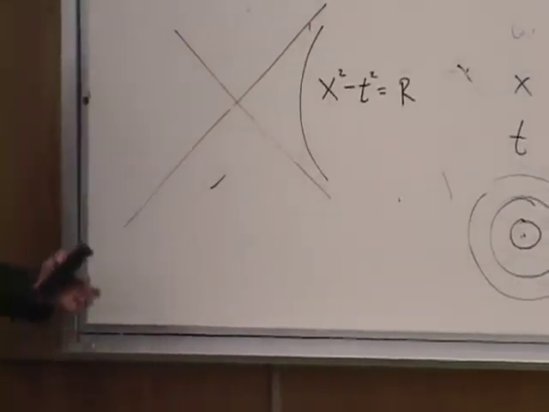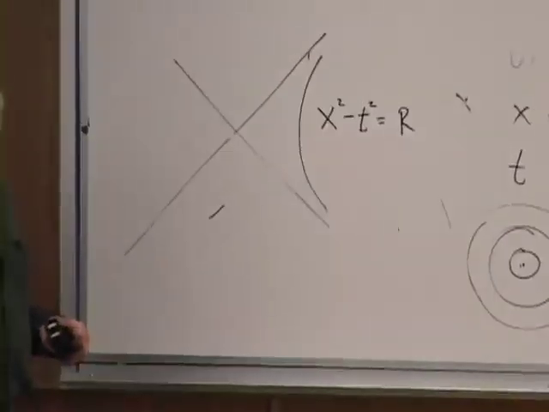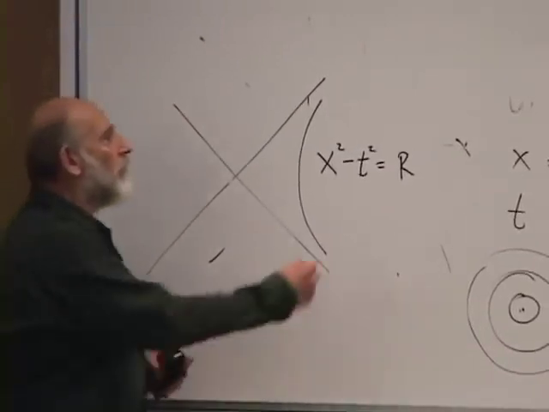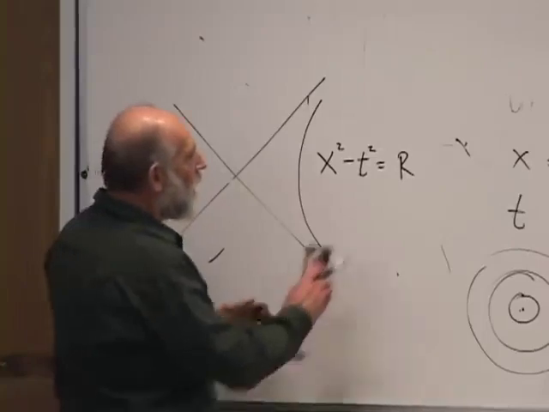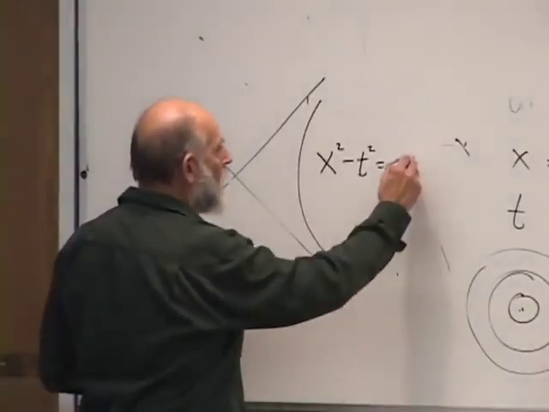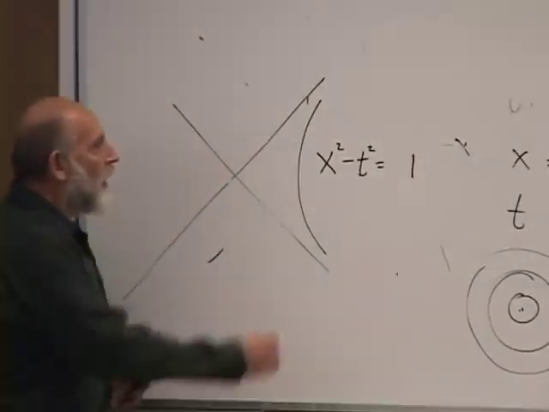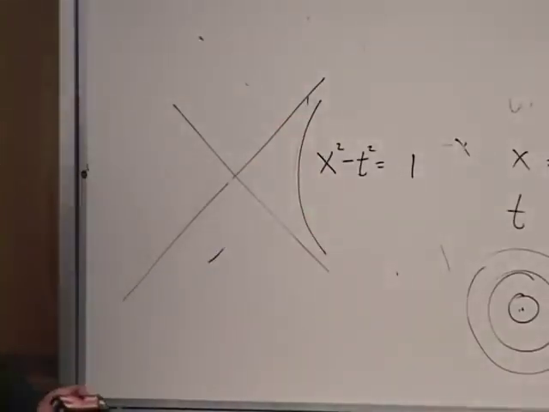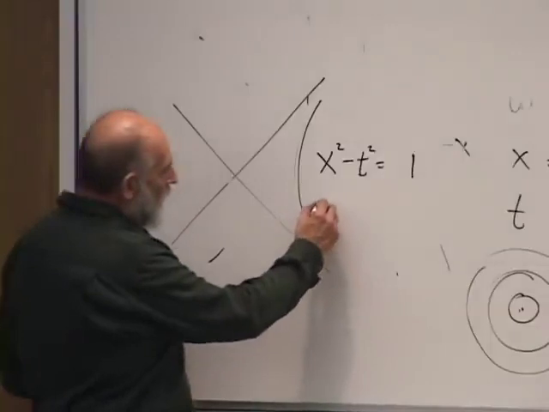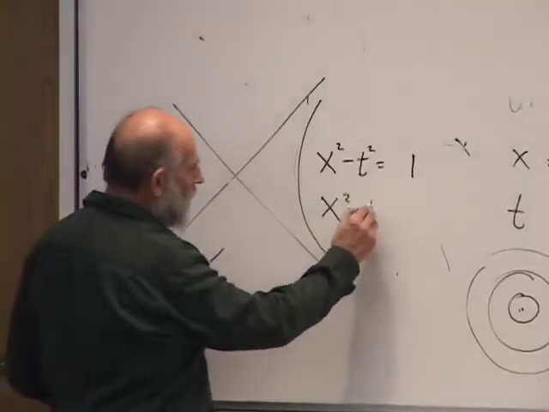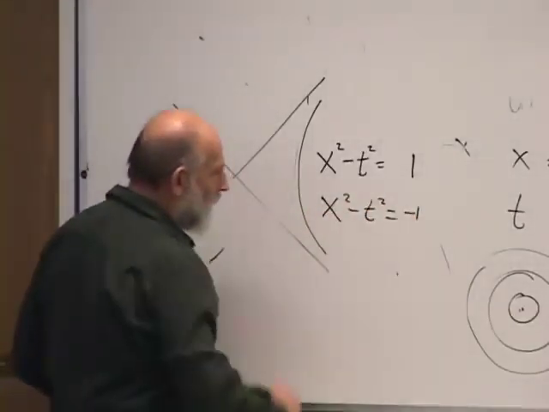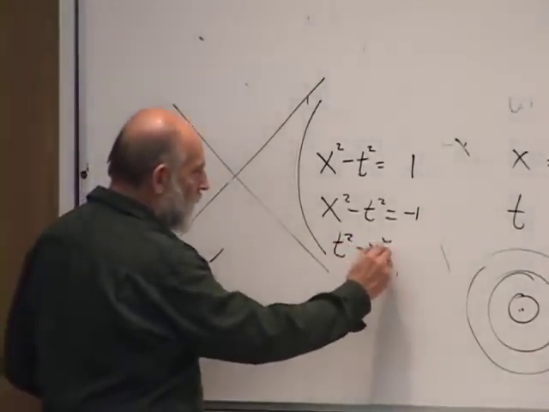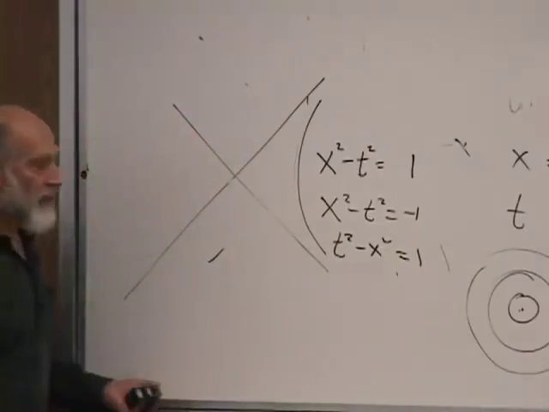What happens when r gets negative? Look at this. Let's suppose r goes from +1 to -1. So x squared minus t squared equals 1. That's a hyperbola like this. What happens when it gets to be -1? Then it becomes x squared minus t squared equals -1, or t squared minus x squared equals 1. That's another hyperbola.